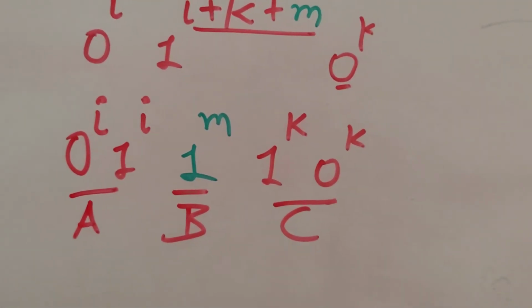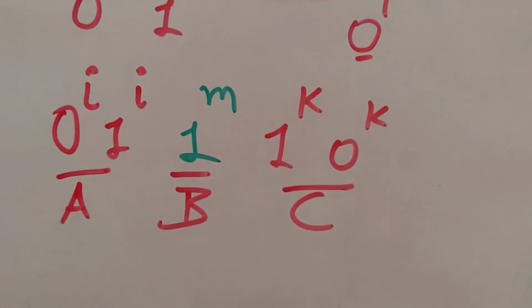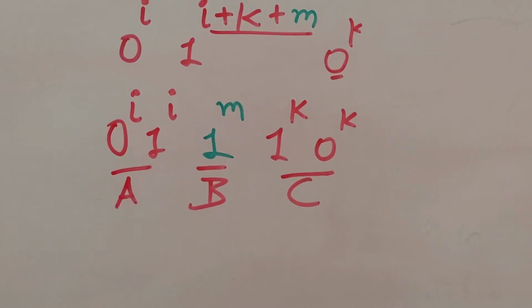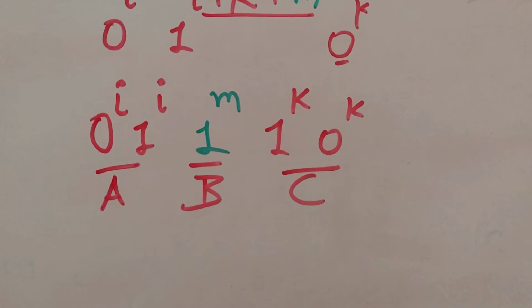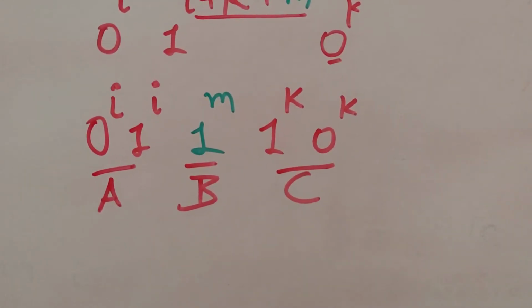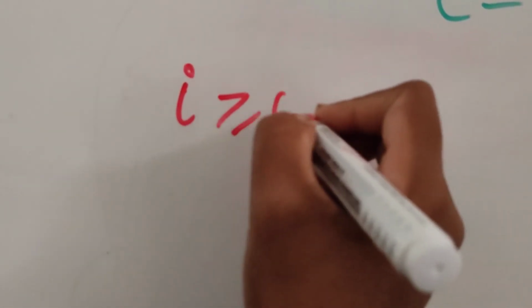Now for these three statements I'll have to write the context free grammar. I'll have to make the production rules. Here I have taken i, it can be 0, i can be 0 also, i can be greater than or equal to 0.